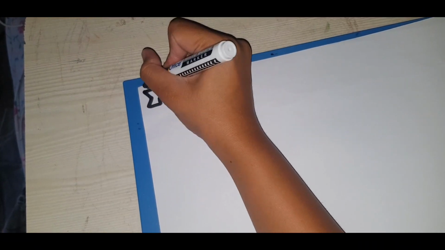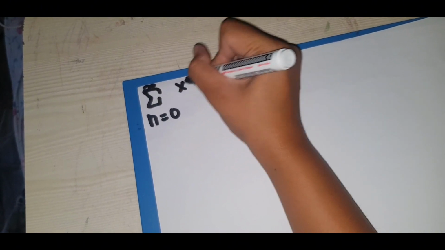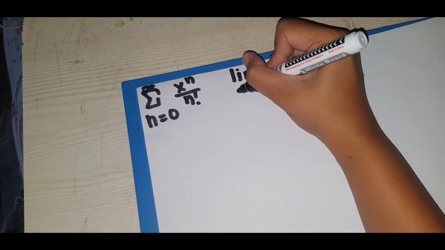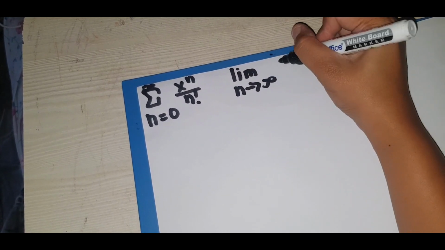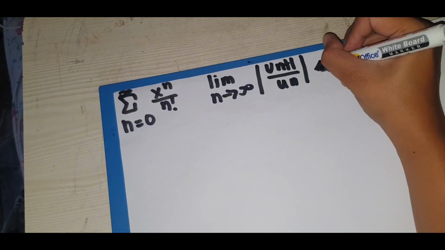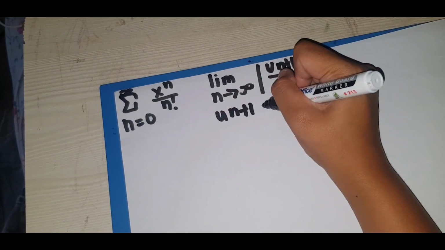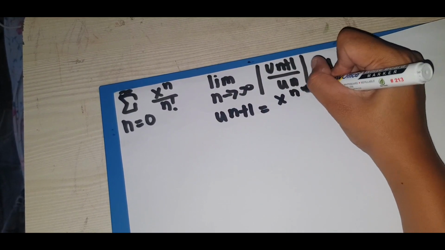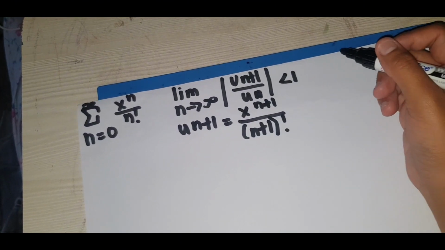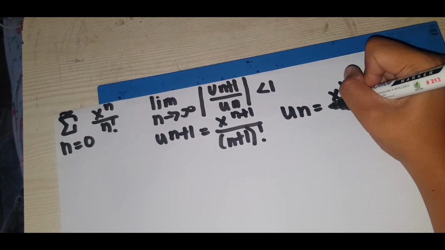Example number 1 is the summation of n equals 0 to infinity of x raised to n over n factorial. What we will do first is take the limit. We use the limit as n goes to infinity of the absolute value of u sub n plus 1 over u sub n, less than 1. Our u sub n plus 1 is x raised to n plus 1 over n plus 1 factorial. Then our u sub n is the given.